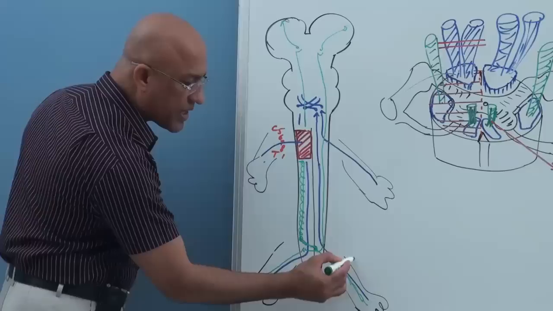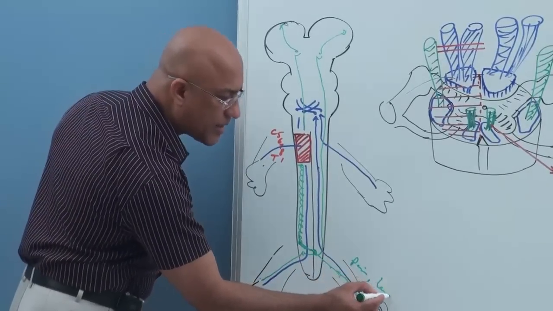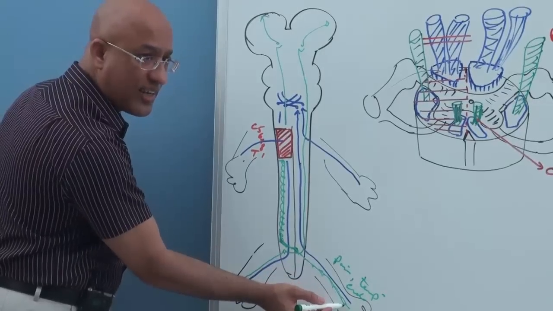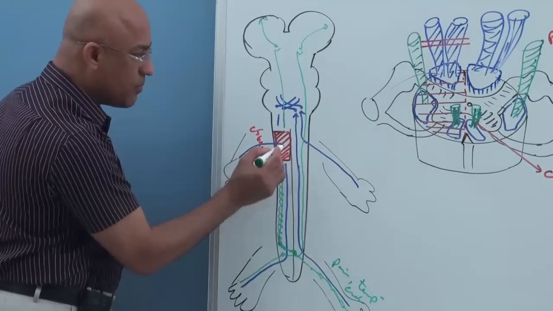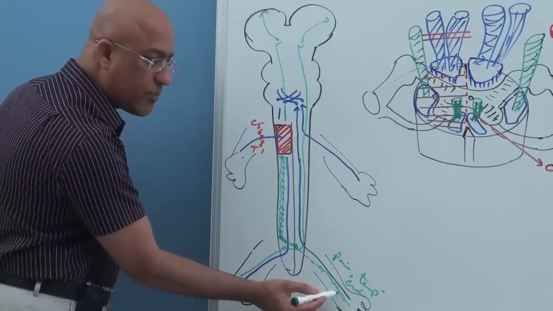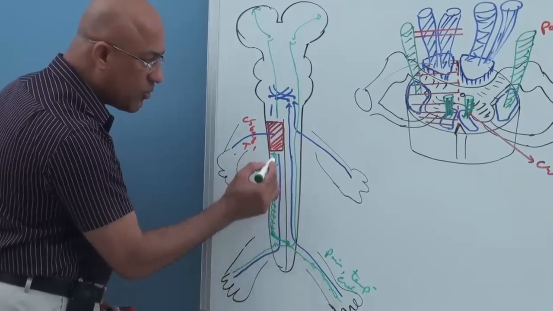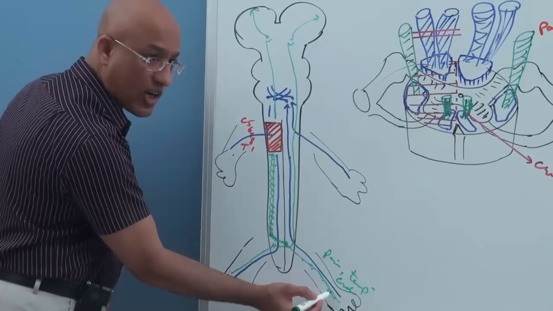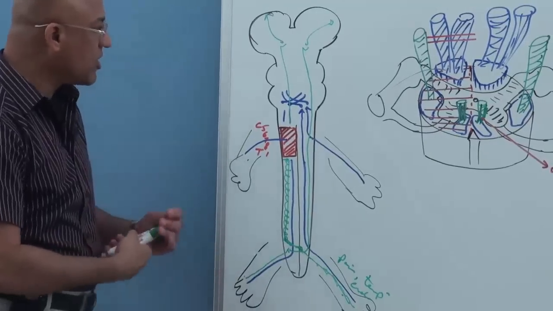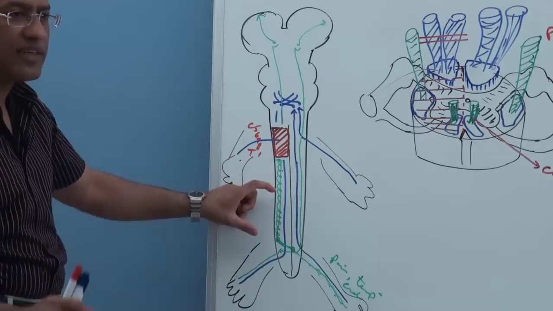So pain and temperature sense along with the crude touch will be lost on the contralateral side. Below the level of lesion, pain, temperature and crude touch will be lost on the contralateral side. Am I clear? Yes.